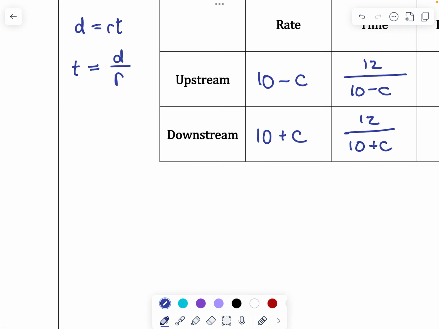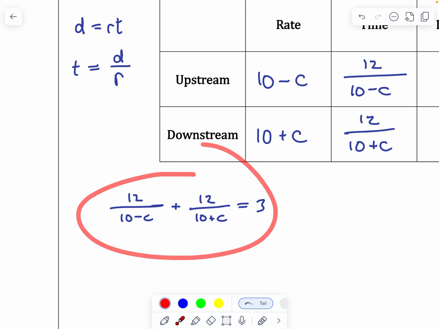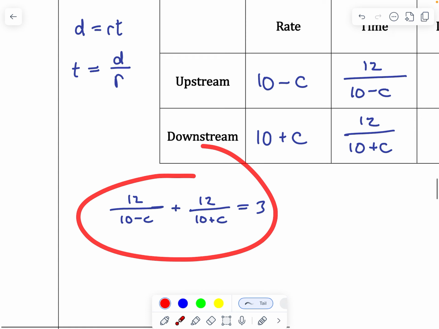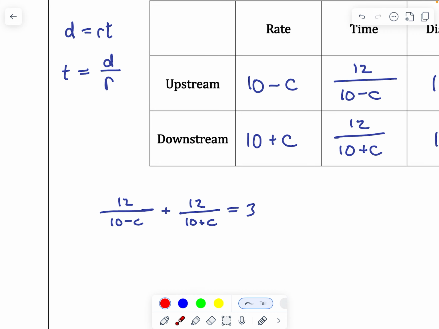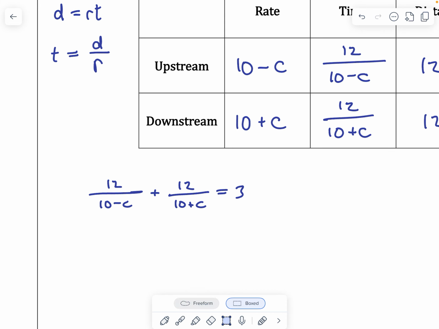So 12 over 10 minus c plus 12 over 10 plus c equals 3. This right here, believe it or not, is, well, it's not a quadratic equation, but it's going to be. This is the equation that we need to solve. Here's how you're going to solve this.